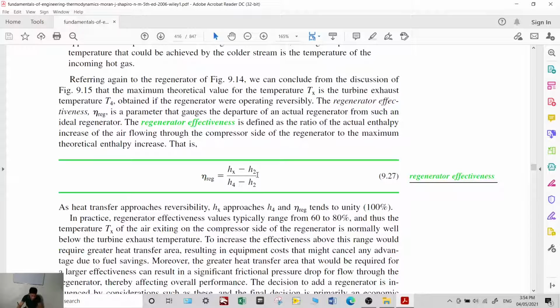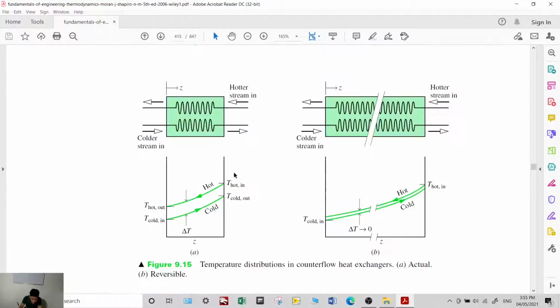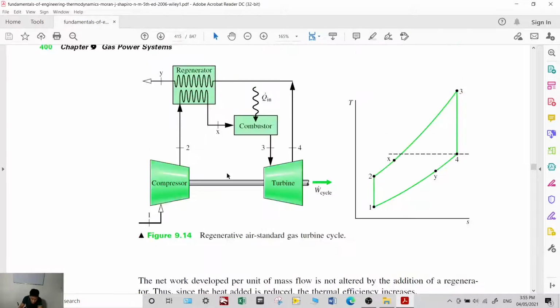Now you have this term regenerator effectiveness. This is equal to Hx minus H2 over H4 minus H2. Because ideally, if your regenerator is 100% efficient, the air would reach H4.